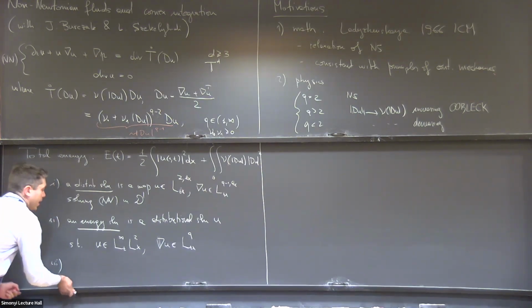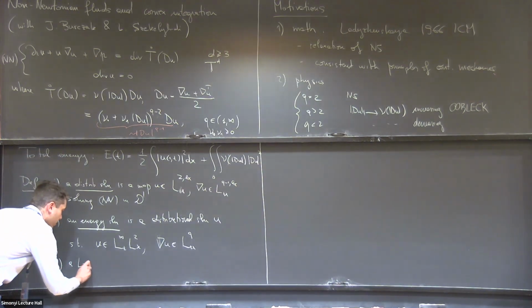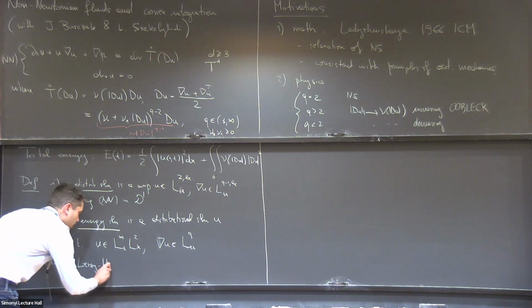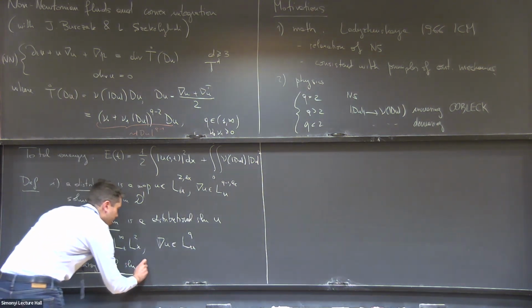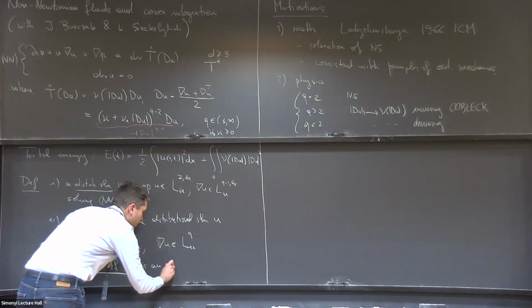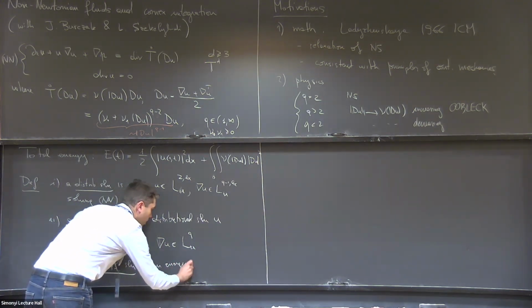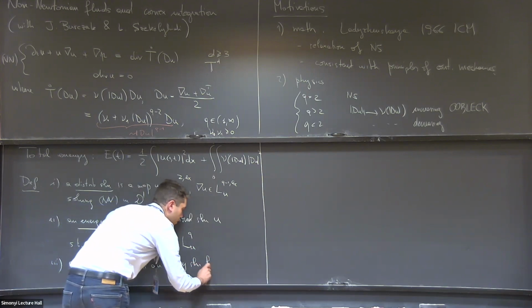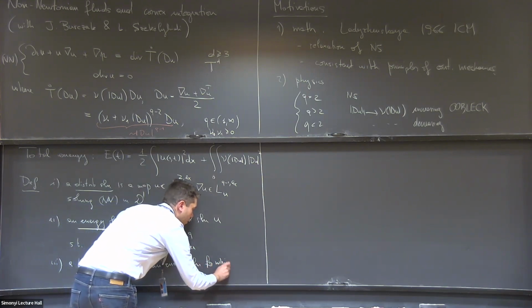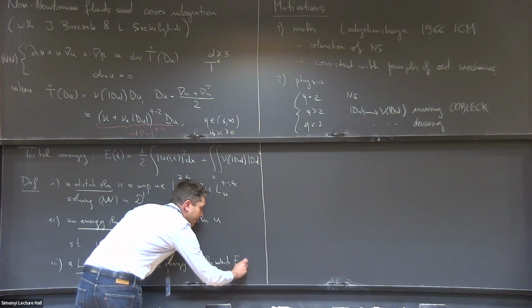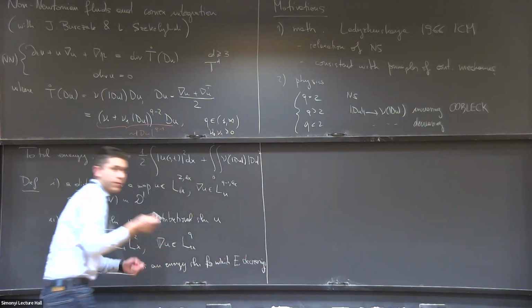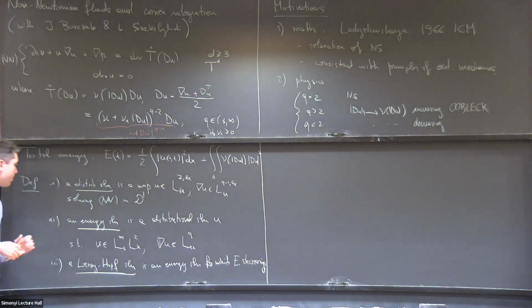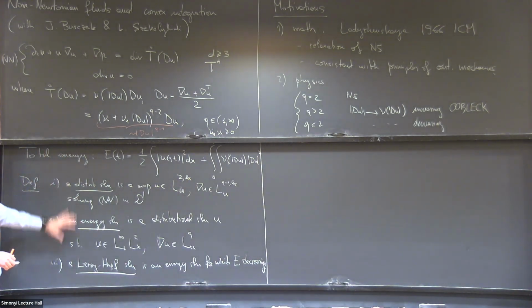A Ladyzhenskaya solution is an energy solution for which, let's say, E is decreasing. So the total energy is decreasing, exactly as for Navier-Stokes. Okay, so these are the three notions of solution that I'm going to use.